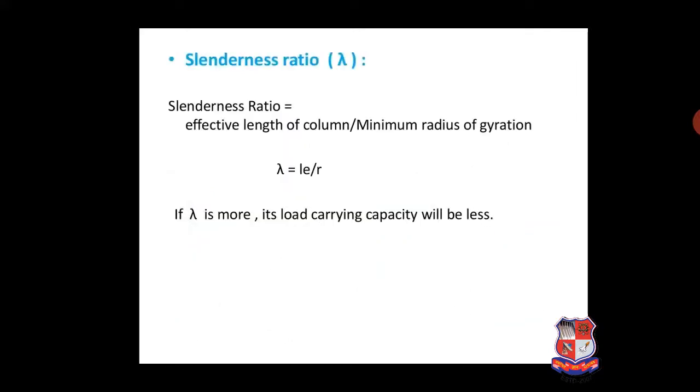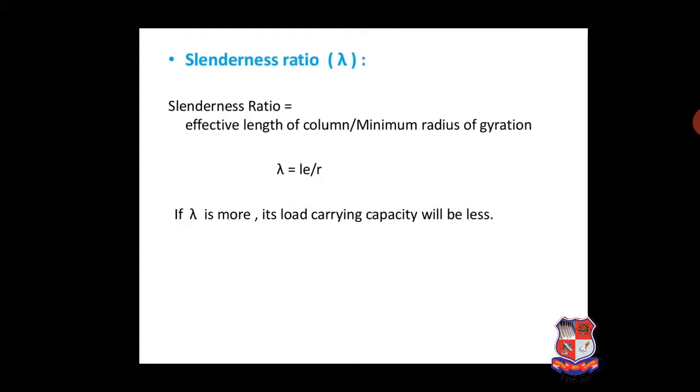Now slenderness ratio. So what is slenderness ratio? The slenderness ratio is equal to the effective length of the column divided by the minimum radius of gyration. What is the effective length of the column? That was discussed; it depends on the end condition of the column. Now the minimum radius of gyration. We can find out the minimum radius of gyration according to our steel table.